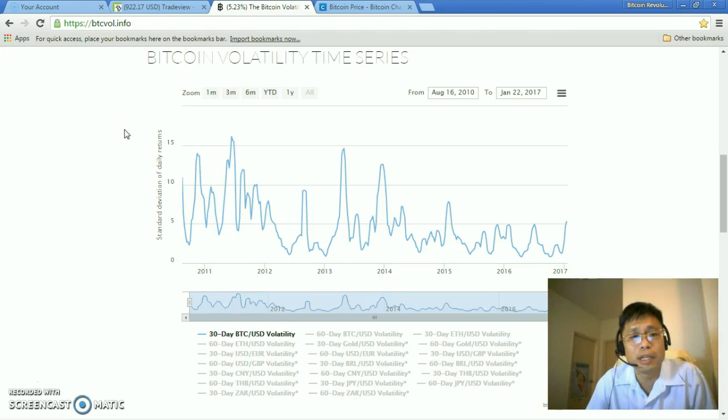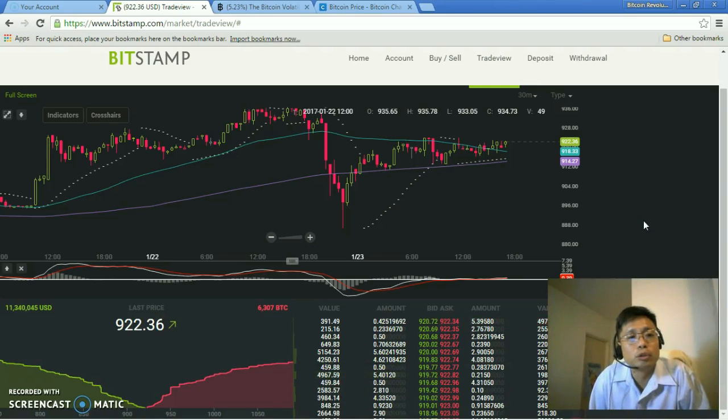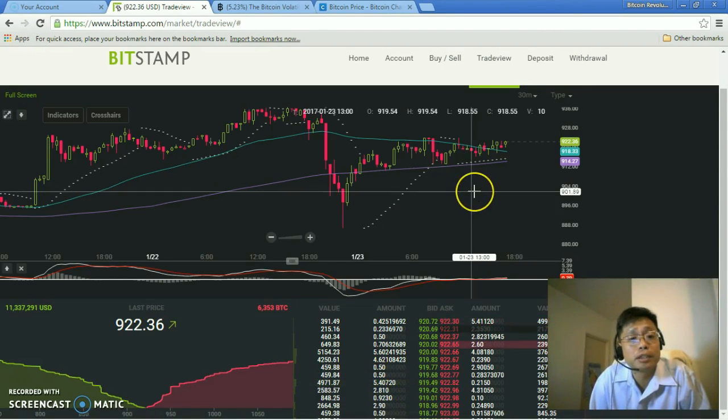At this point, let me now go into the support and resistance that we have for the current Bitcoin price. So I now refer to bitstamp.com, the trade view. We have the Bitcoin price here, and the current price is at 922 at Bitstamp.